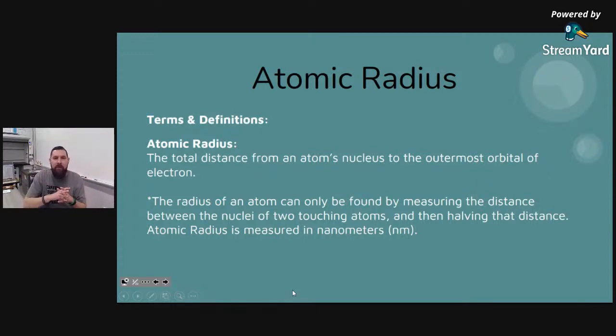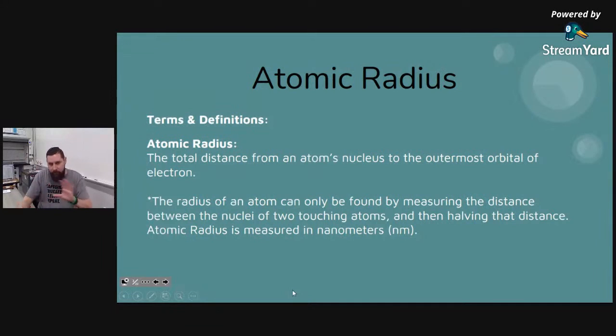The only way to find that radius is to take 2 atoms of the same type, bring them into proximity until they start to repel each other, and then measure the distance from nucleus to nucleus and divide that distance in half. Furthermore, we measure this in terms of nanometers, or nm.